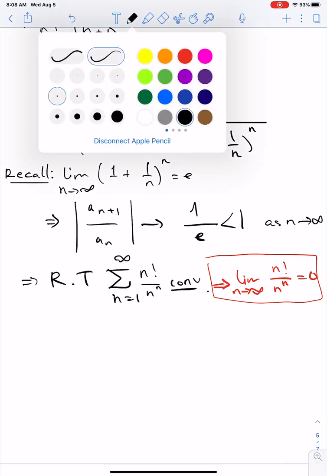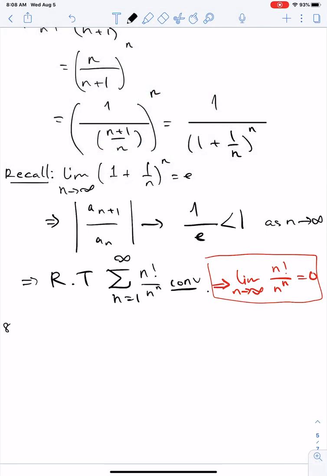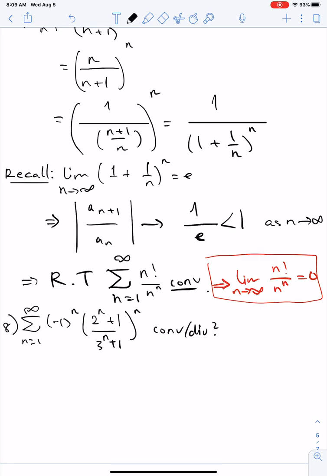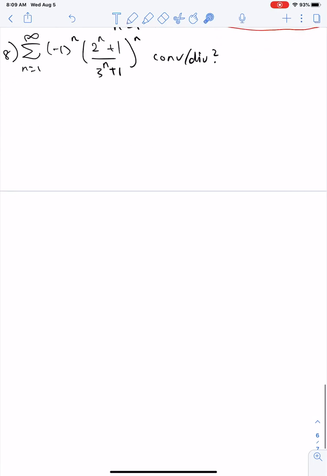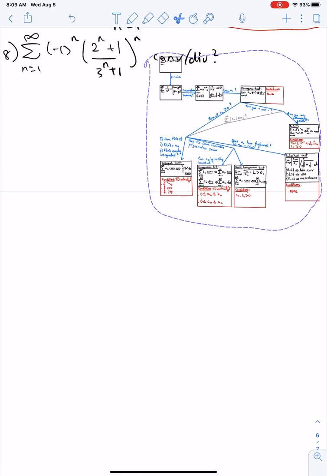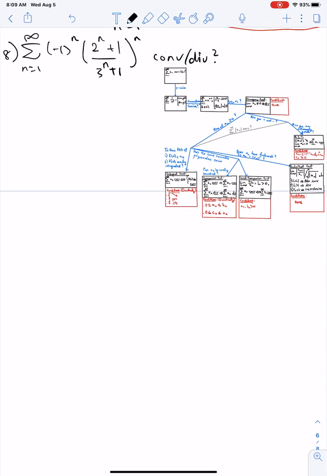Alright, so last example. It's something like the sum of (minus 1) to the n, times (2 to the n plus 1) over (3 to the n plus 1) to the n. Seems about right. Convergent, divergent? Is it the usual testing?